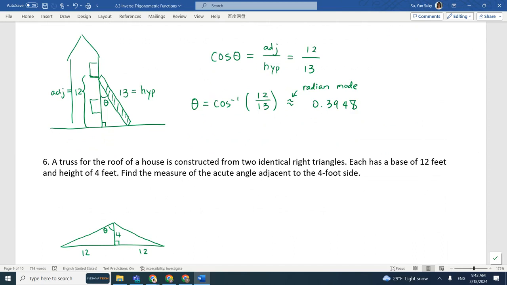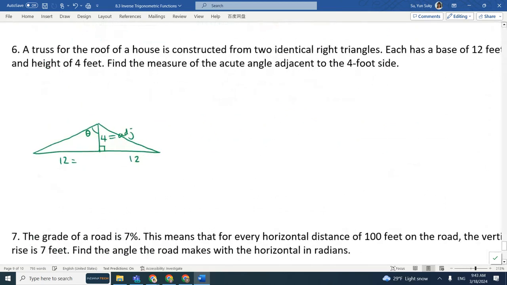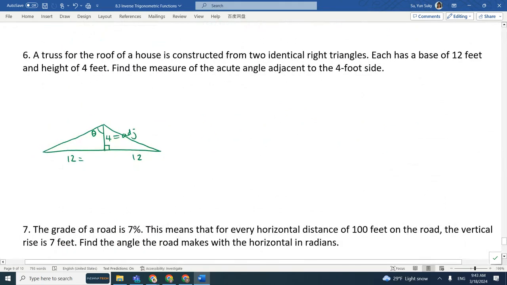Look at the left part. So this is the angle theta. What is the 4? Adjacent. What is the 12? Opposite. Which trig function? Tangent. Is that okay, everybody? Yep.